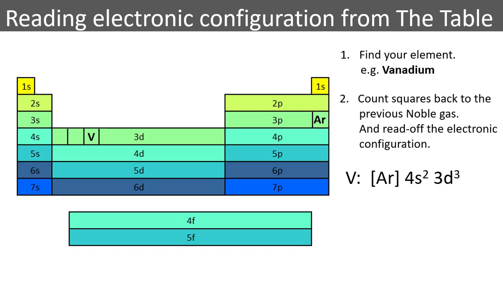And then the previous element is argon. So that's our noble gas, and that's the configuration of the core electrons in vanadium. Reading forwards now, the electronic configuration of vanadium is an argon core with a 4s², 3d³ configuration. No need to assign all 23 electrons in this element.